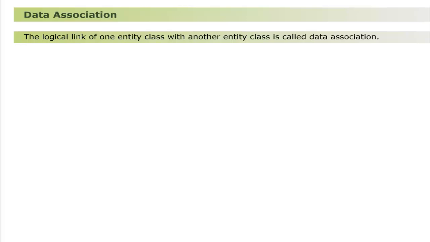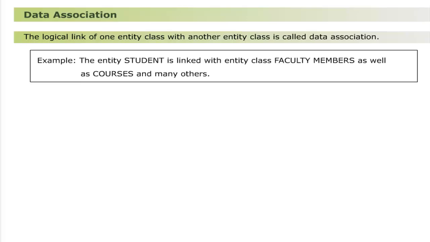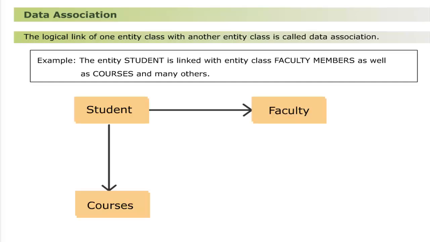Now it is clear that an isolated entity class is meaningless and not productive. For example, the entity student is linked with entity class faculty member, as well as courses and many other. The logical link is represented graphically as shown. Now let us discuss various types of association in detail.